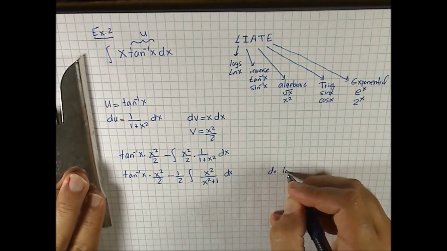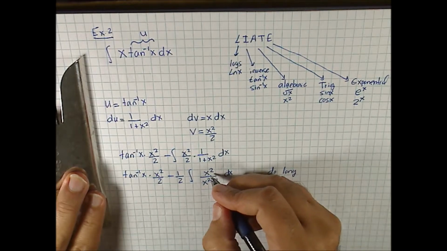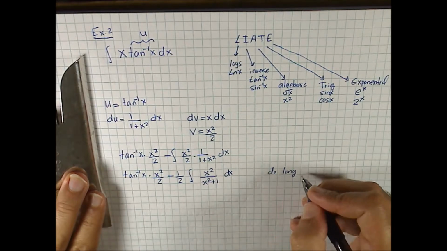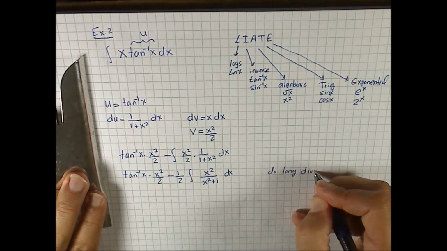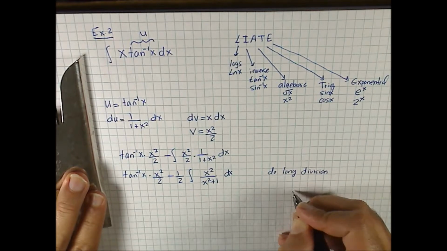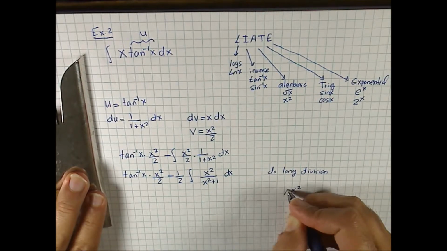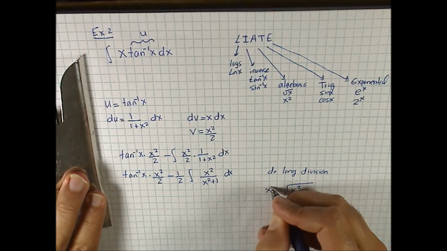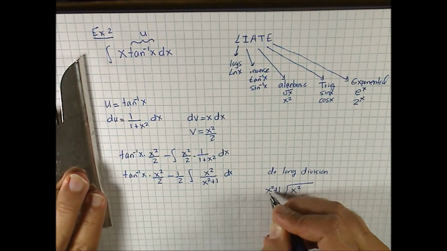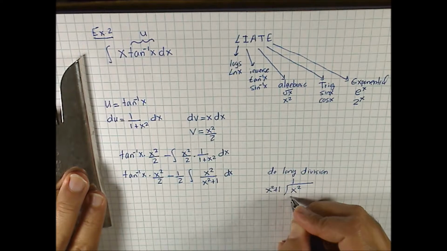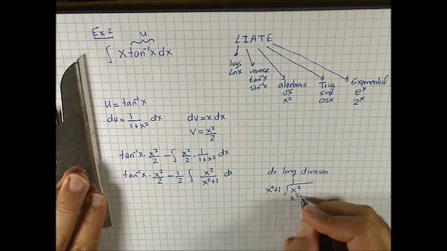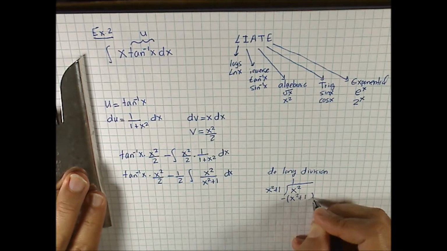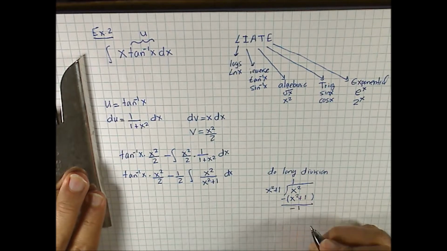Whenever the degree of the numerator is larger or equal to the degree of the denominator, we have to do long division first. Okay, x squared divided by x squared plus 1. x squared goes in x squared 1 time. 1 times x squared is x squared. 1 times 1 is 1. Subtract, and we get negative 1 remainder.